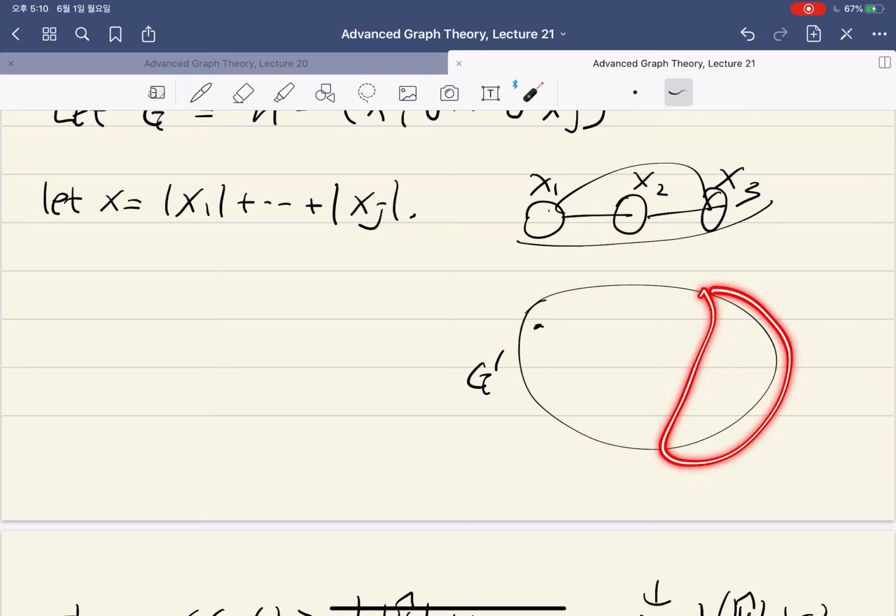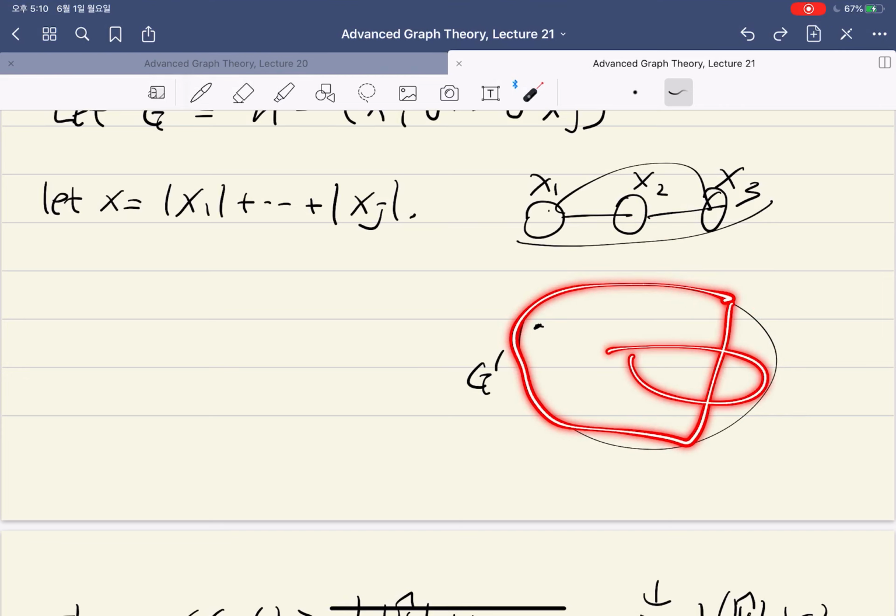And if all the k vertices come from here, then it fails to have an edge to xi. As long as you have k vertices and at least one of them is here, then there is an edge between this and here, xi.